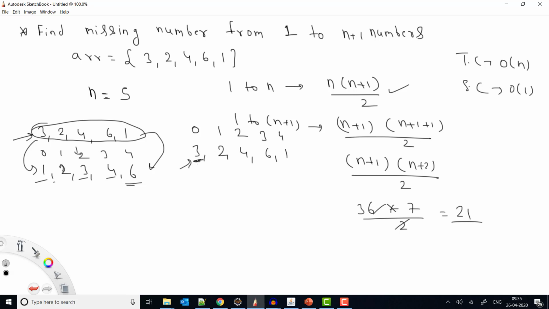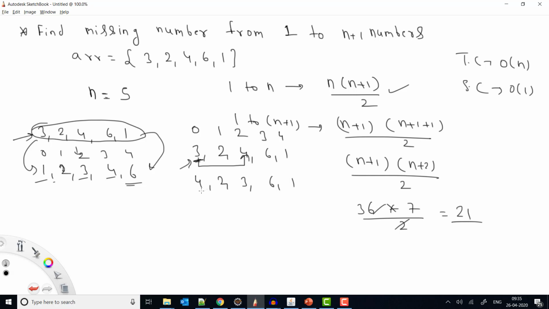What is the correct position? The correct position is the value minus 1, because numbers start from 1 to n, so the correct position of this is array of 2, the third place. So I'll swap this value with that value. After this it will be 4 2 3 6 1.